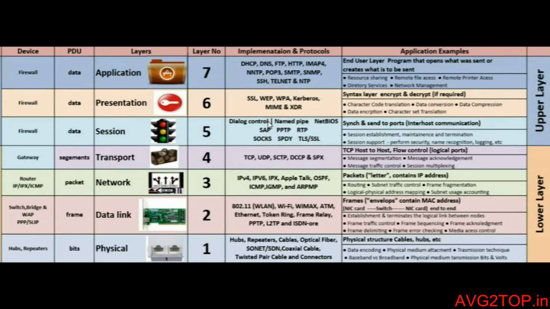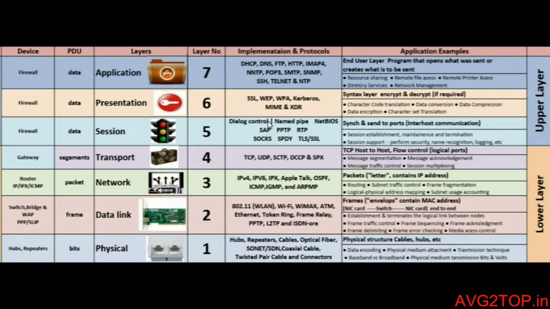Session layer is the fifth layer in OSI, where the establishment, maintenance, and termination take place for data sent from the source to the destination. And also it estimates how much time it takes to send data from one node to another.